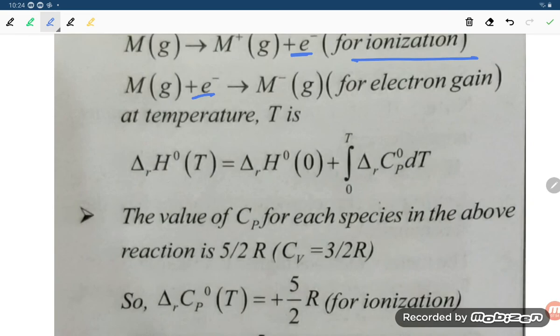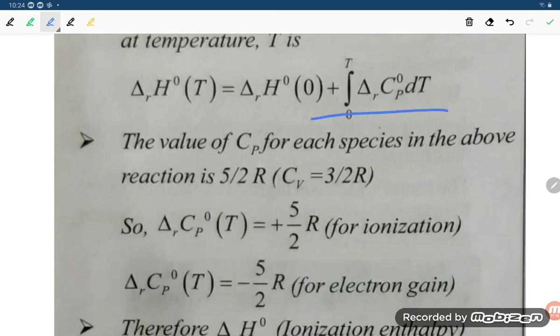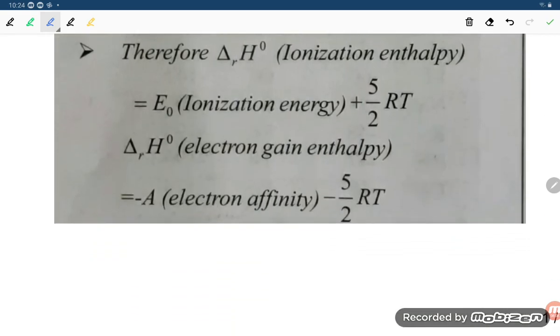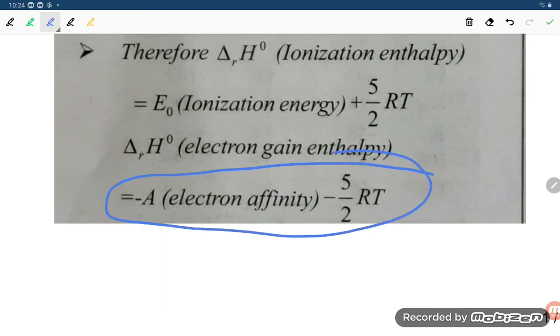So delta H naught at T equals delta H naught at 0 plus the integral of delta Cp dT. The value of Cp for each species above is 5 by 2 R, and for the electron Cp is equal to 3 by 2 R. So the electron affinity is minus 5 by 2 RT.